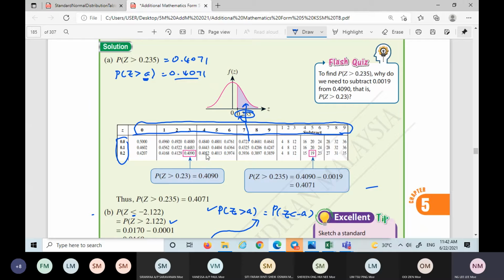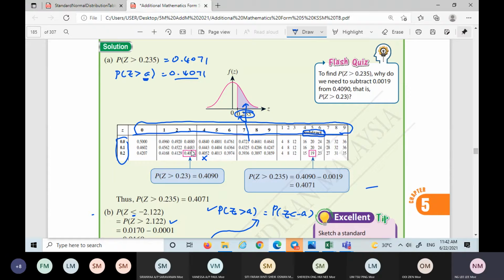But when it comes to 4052, this is smaller than 4071 already, so don't take this. You got to take the one a bit bigger, because afterwards how you get a value very close or exactly equal to this is by subtracting. So remember, you subtract the second last two digits from here.